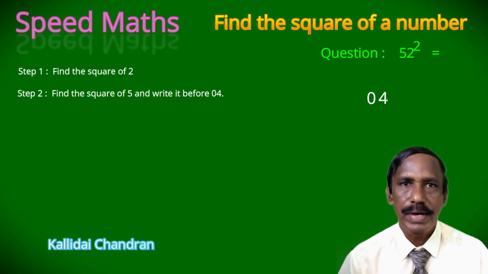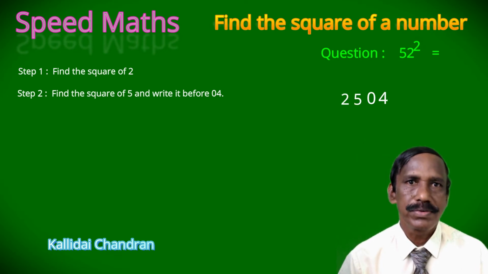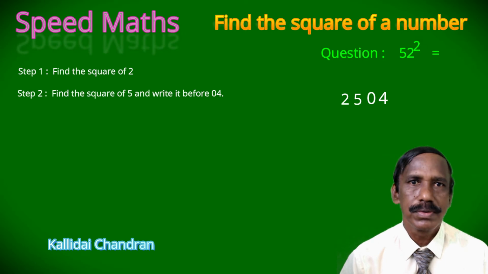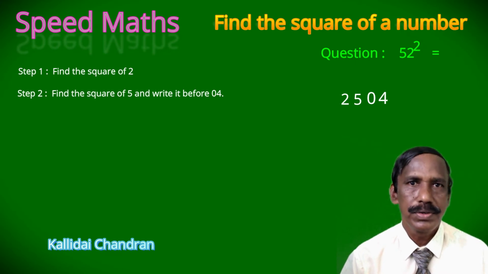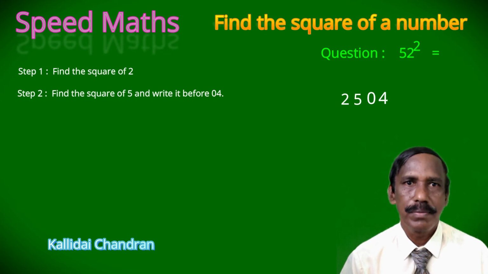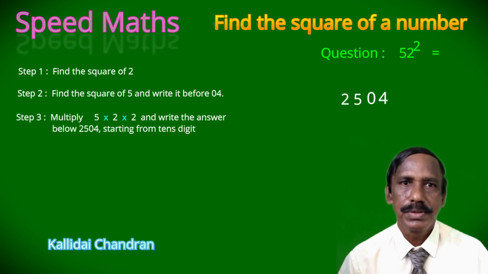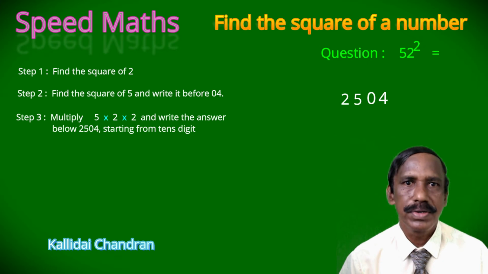Now we have to find the square of 5. 5 square is 25. So now we are seeing 2504. Now 5 into 2 into 2, we have to multiply. 5 into 2 is 10, 10 into 2 is 20.